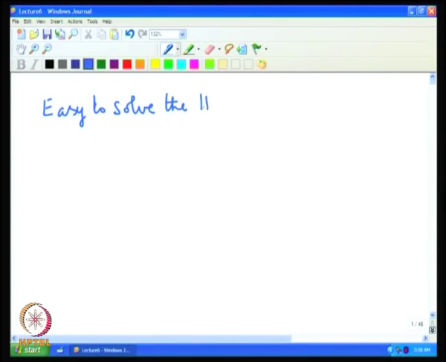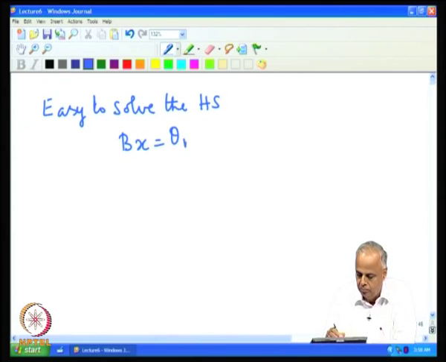In the last lecture, we saw that it is easy to solve the homogeneous system Bx = θm if B is in row reduced echelon form.